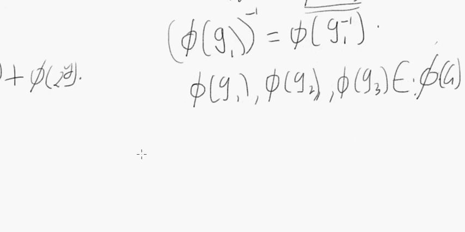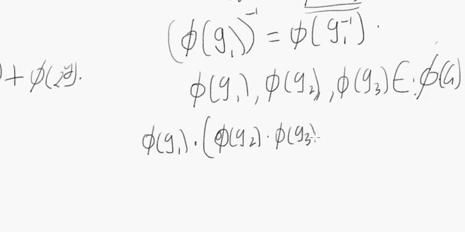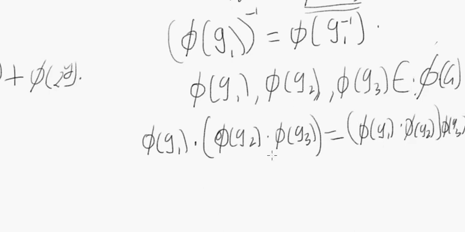To show associativity, we need to show that phi of G1 times phi of G2, times phi of G3, is really the same as phi of G1 times phi of G2 times phi of G3. That's what we need to prove here, that these things are actually equivalent to each other.